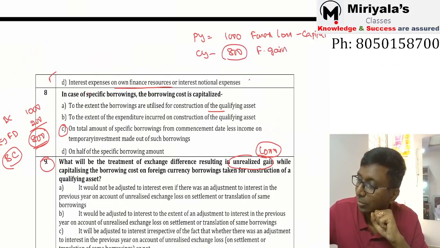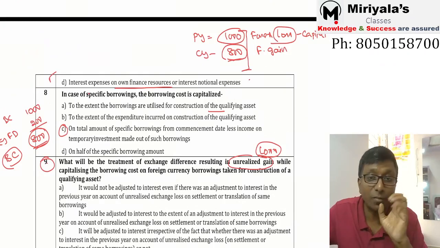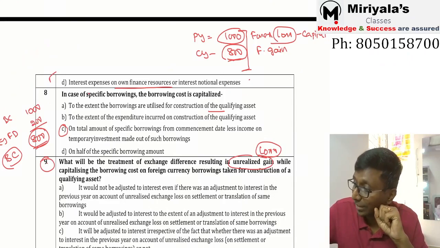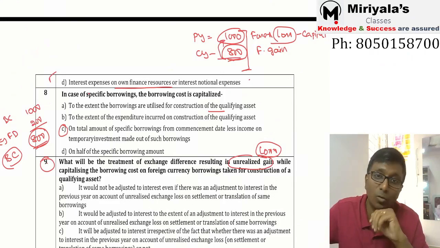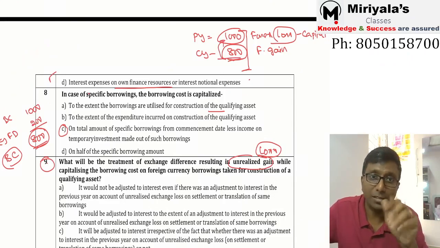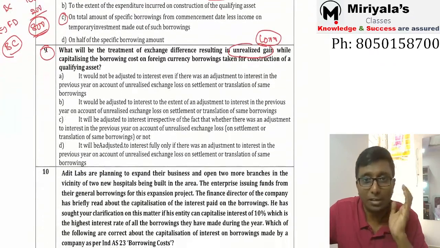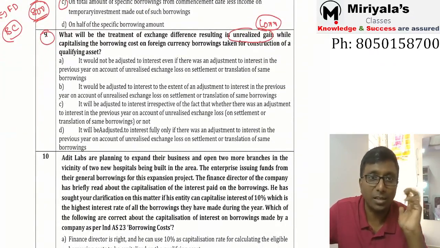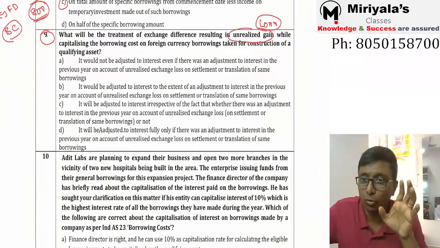So now 800 rupees. Since last year you capitalized it to the extent of 1,000 rupees, if within the completion of a qualifying asset you get any gain, that should be adjusted to the qualifying asset. Otherwise, that is supposed to be charged to profit and loss. It should be taken to profit and loss. This is the concept. Hope you got it.